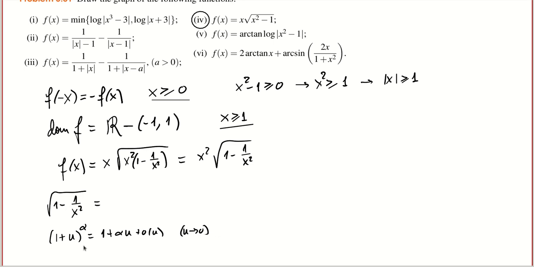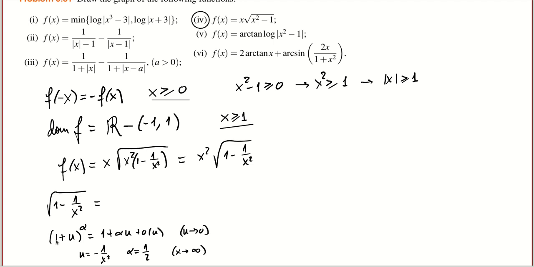So our interpretation is going to be u is minus 1 over x squared and alpha is going to be 1/2. And of course the limit we're going to consider is x going to infinity, because in this limit this term here goes to 0 and then it fits with this expansion here.